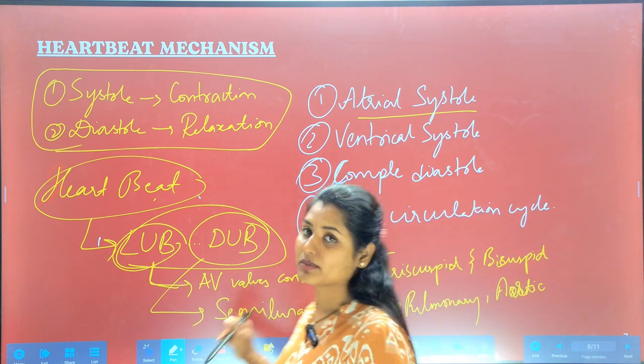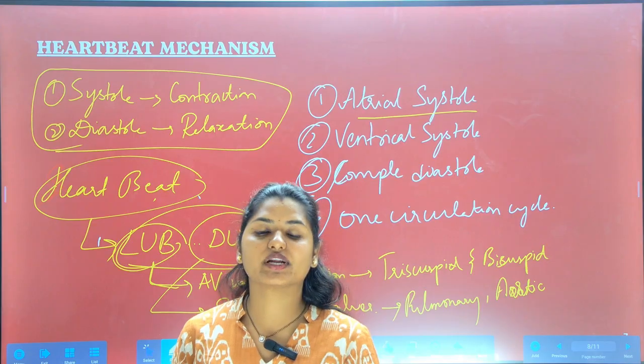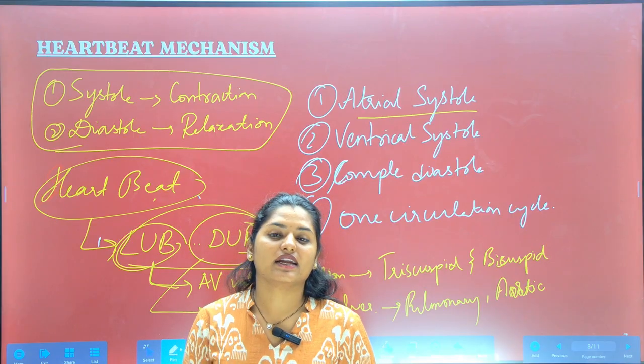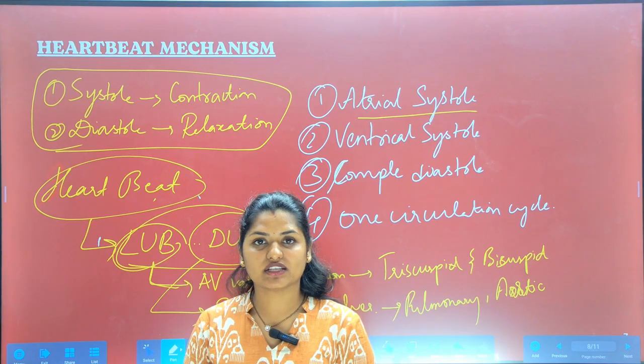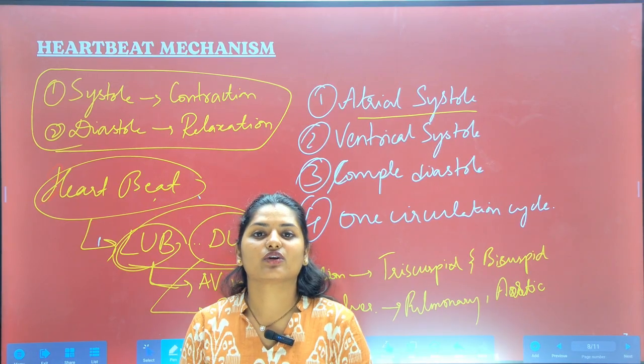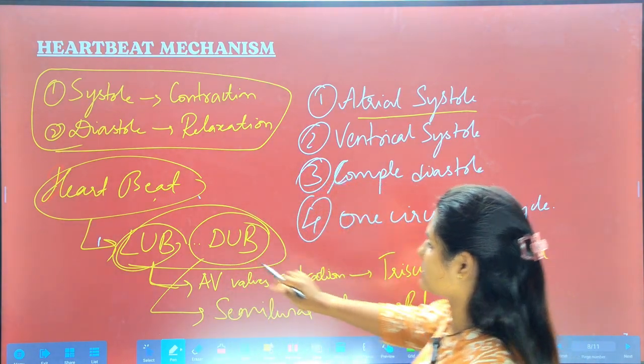So these are because of contraction. First one, lub, is due to tricuspid and bicuspid, and dub is due to the pulmonary semilunar valve and aortic semilunar valve. So these are the heartbeat sounds, lub, dub.